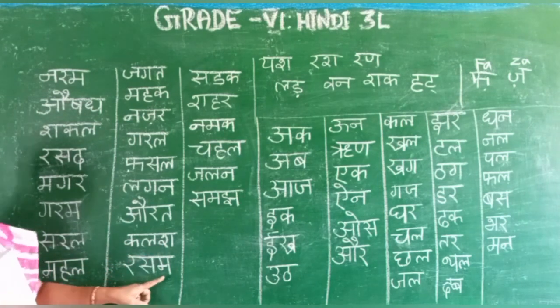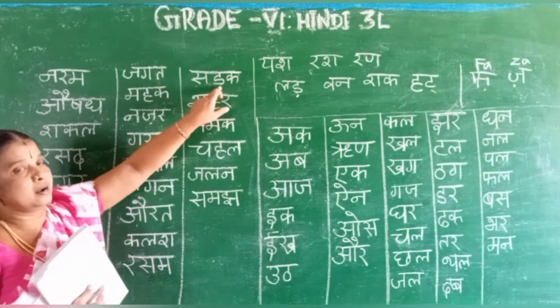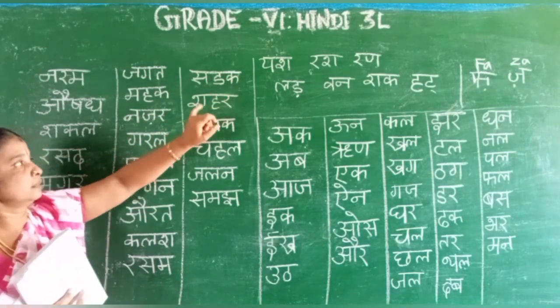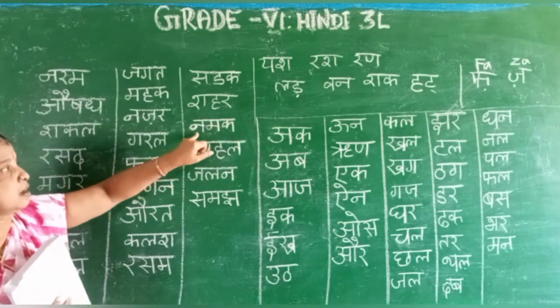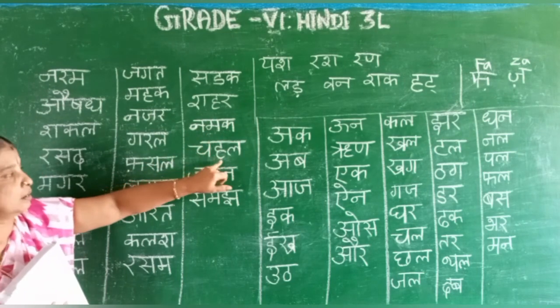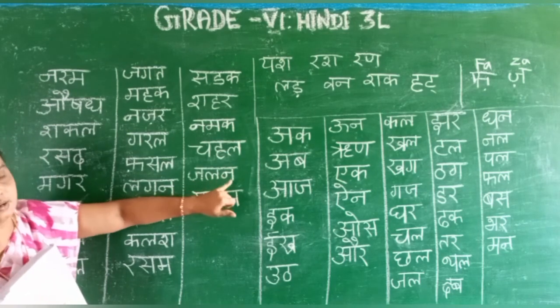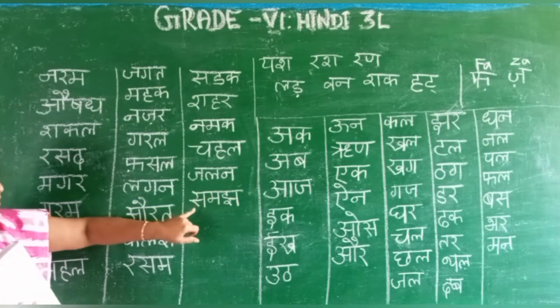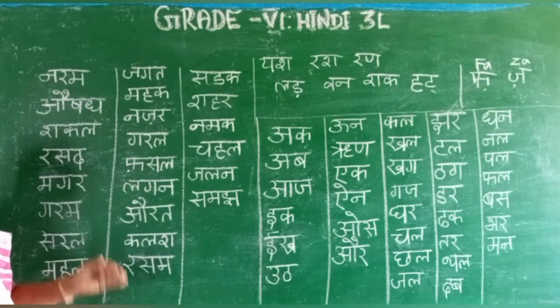Ra, sa, ma, rasam. Sa, da, ka, sadak. Sha, ha, ra, shahar. Na, ma, ka, namak. Cha, ha, la, chahal. Ja, la, na, jalan. Sa, ma, ja, samaj.